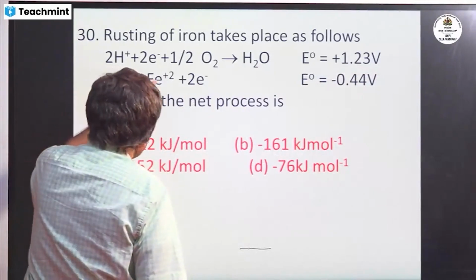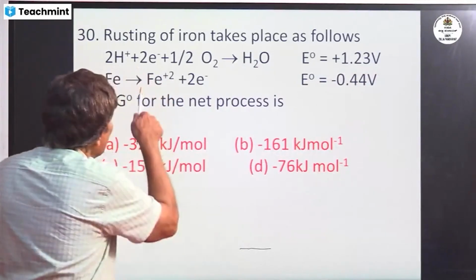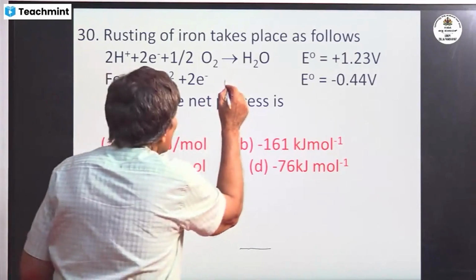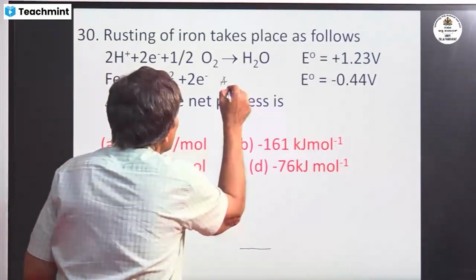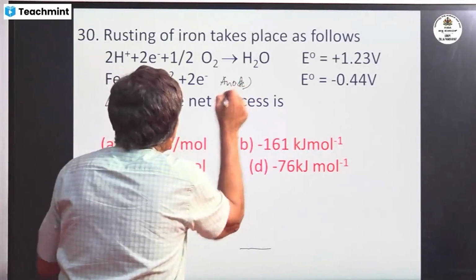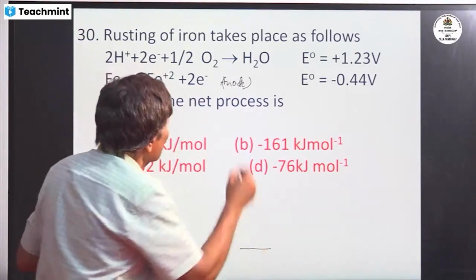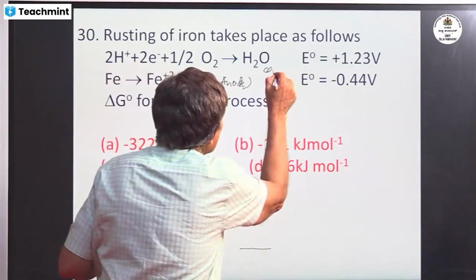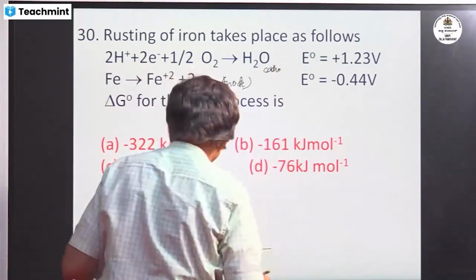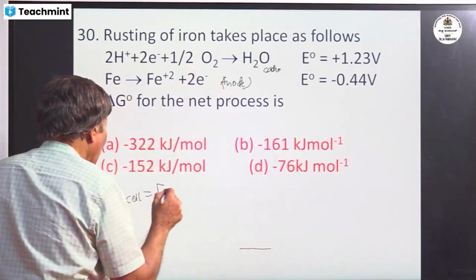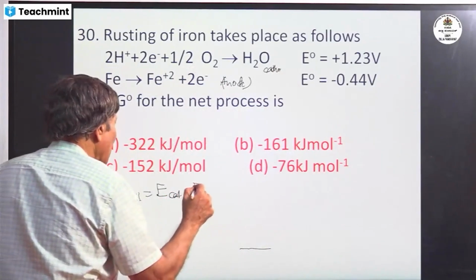Here it has undergone oxidation, isn't it? This is anode, loss of electron. Here gain of electron. This is cathode, the cathodic reaction. E cell is equal to E of cathode minus E of anode.